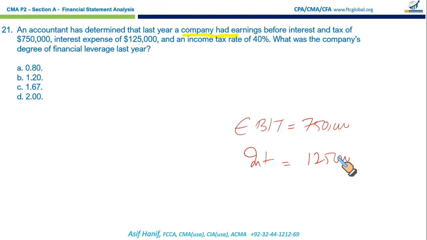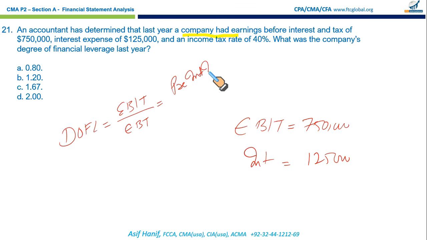Degree of financial leverage is calculated using this formula. Formulas must be on your fingertips. Earning before interest and tax over earning before tax. That means pre-interest income over post-interest income, that is income before interest and income after interest.